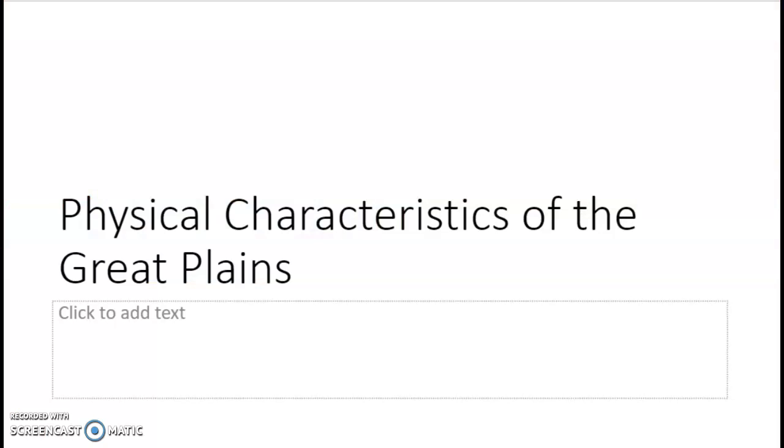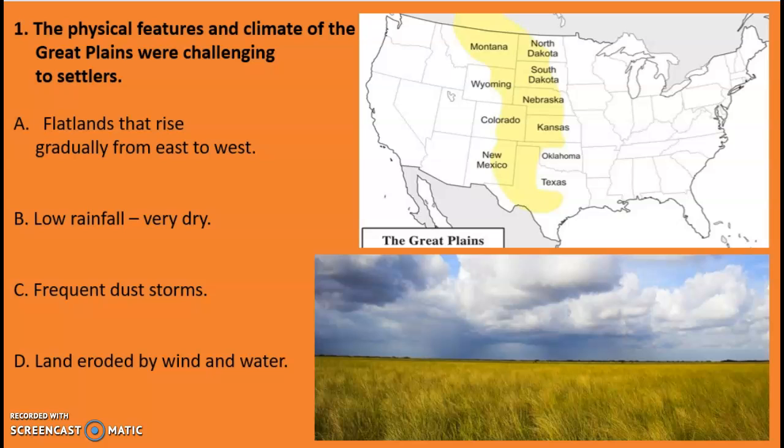Some physical characteristics of the Great Plains. There are 4 of them that I'm going to talk about. So, the physical climate. First, if you look at that top map, that's really the area that we're talking about. This is right in the middle of the United States.